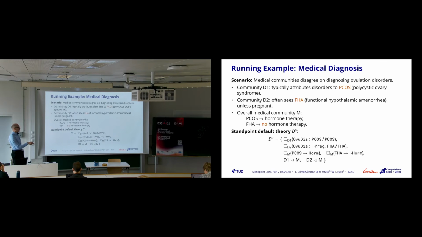Then we have this other default, so pertaining to community D2, and this is now according to the standpoint of D2, it is the case if we know the patient has ovulation disorders, and it can be consistently assumed that the patient is not pregnant and has FHA, then we can conclude the patient has FHA.